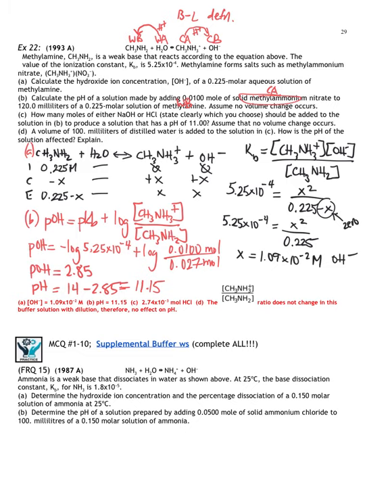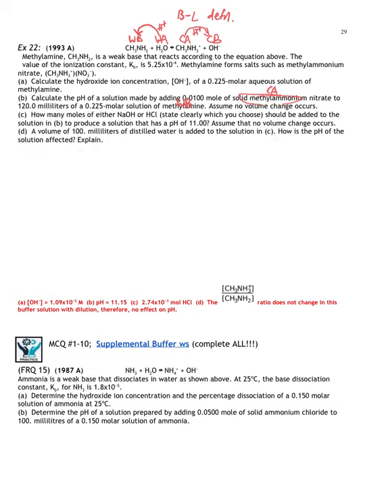So I'm going to pause the video for a second and erase everything. I know my base in this case, which is methylamine, my weak base, is going to react with the strong acid. So I'm going to write a reaction for part C to show this calculation.